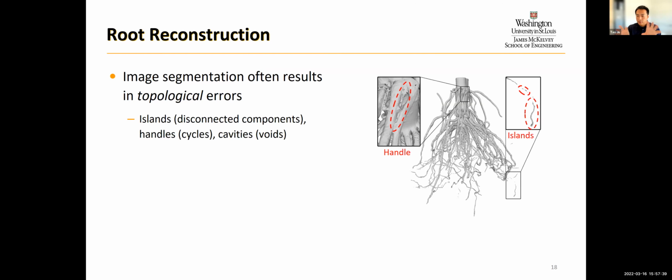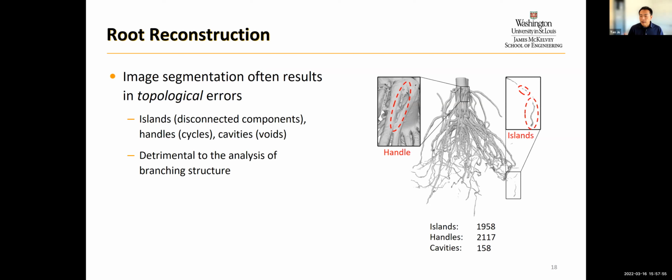And even though there only appear to be a few of them in the image, quantitatively you can measure the number of these features, and there are a lot of them, thousands of them actually, spreading around in one root image. So of course, having this many islands, handles, and cavities will not help us in getting a good hierarchy structure out of the root.